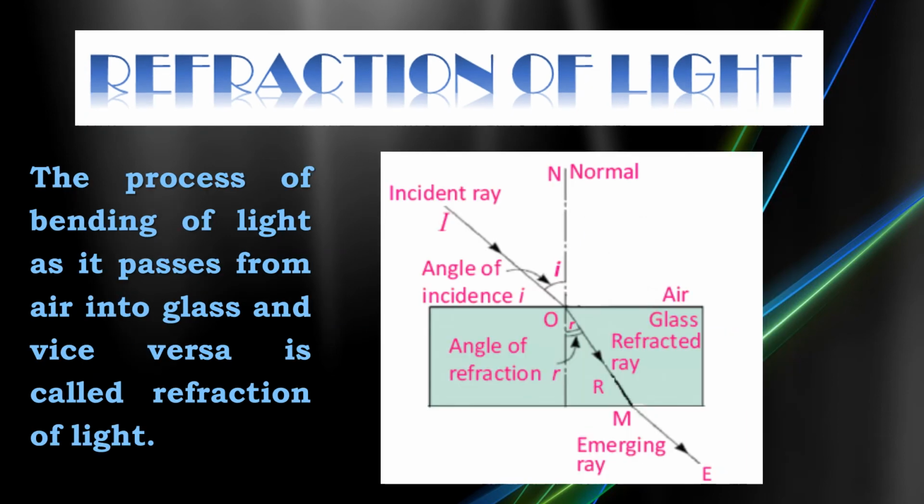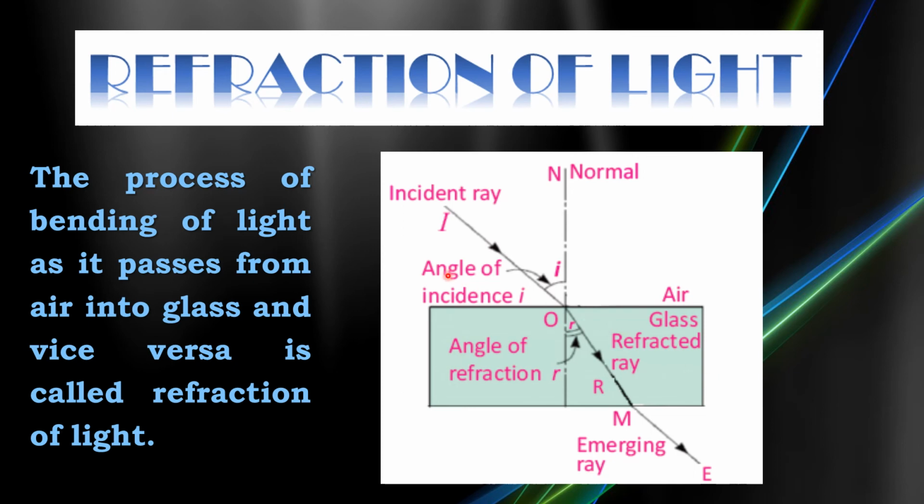Students, the phenomenon of refraction of light can be explained in more detail with the help of this figure. Just look at this figure, and you can see that we have two different media, that is air and glass. Air is a rarer medium and glass is a denser medium.